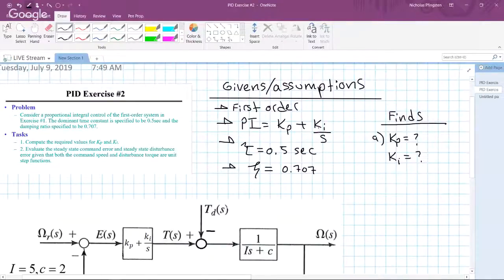And then the second part says evaluate the steady state command error and steady state disturbance error given that both the command speed and the disturbance torque are unit step functions. So part B is really two parts. Part B is finding your steady state command error, and C is finding your steady state disturbance error.